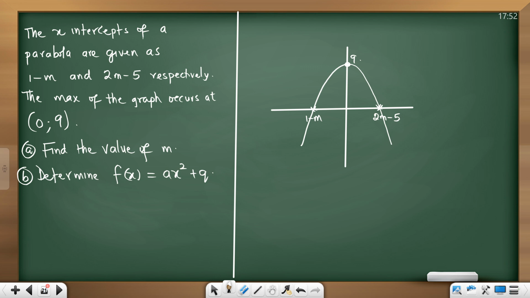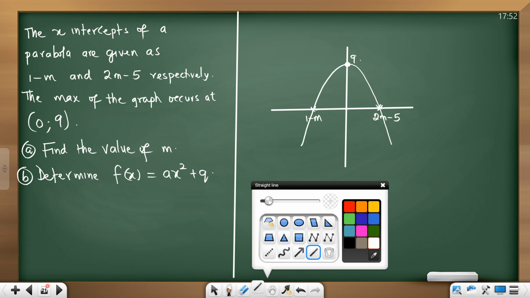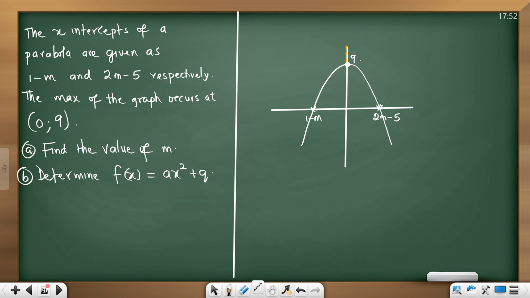I just told you now that the axis of symmetry is right here. And what's the equation? x equals what? 0. Great. And how did I get my x equals 0 again? The x axis of symmetry, (x1 plus x2) over 2. But the axis of symmetry is at 0. What is my x1? 1 minus m.